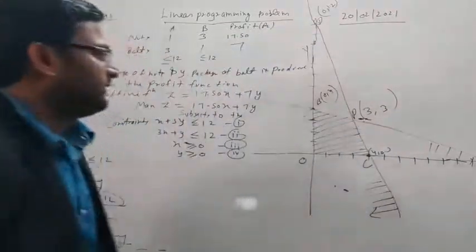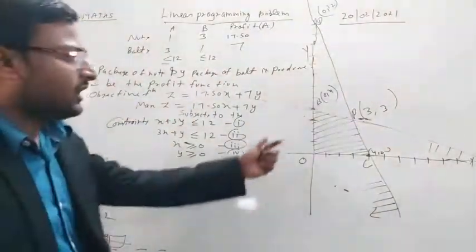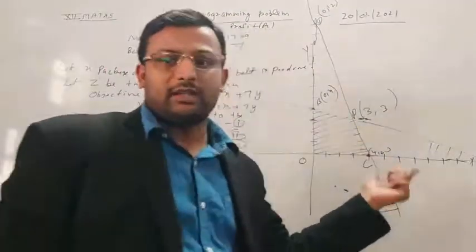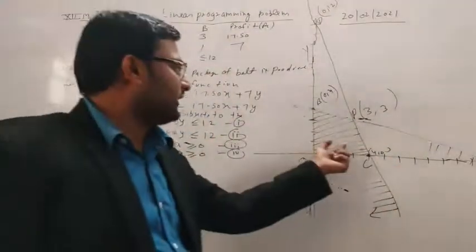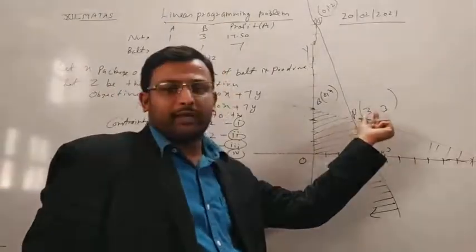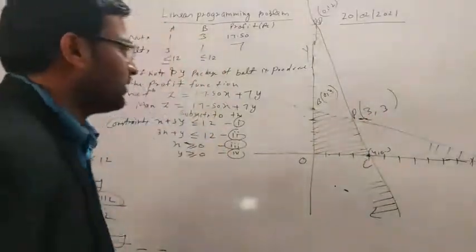When we draw this graph on graph paper, we get the exact point P, which is 3, 3. Okay, students.